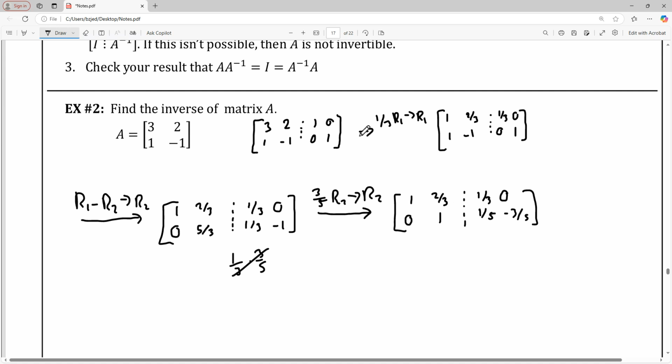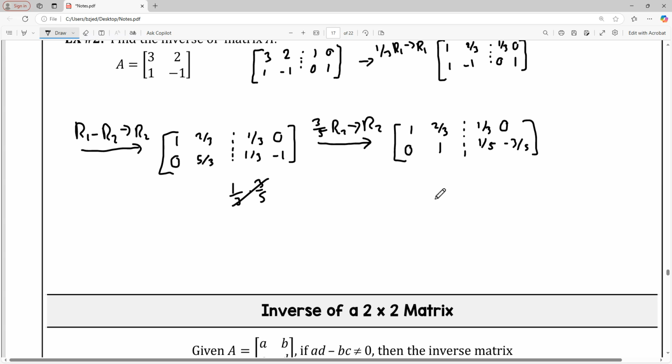The last thing I need to do to make my original matrix look like the augmented matrix is to make this 2/3 here somehow become a 0. To do this, I'm going to take -2/3 times row 2 and add it to row 1, specifically landing in row 1.